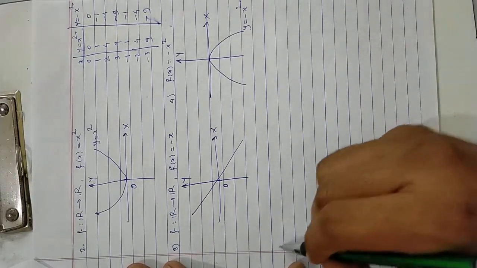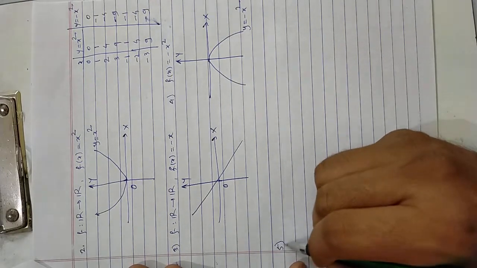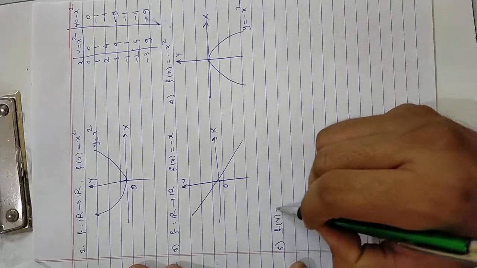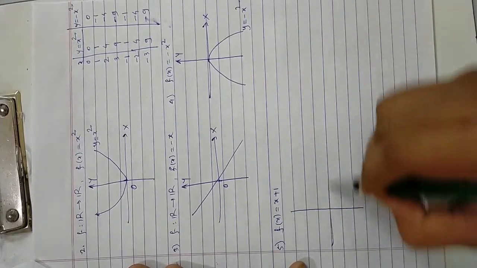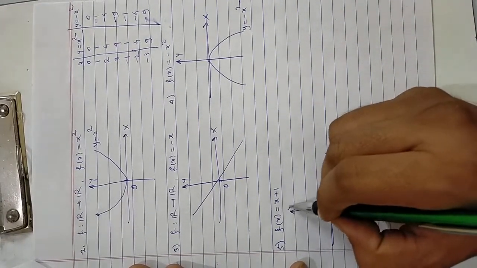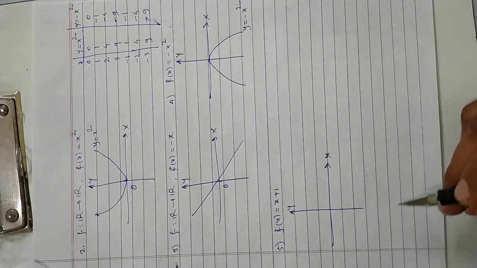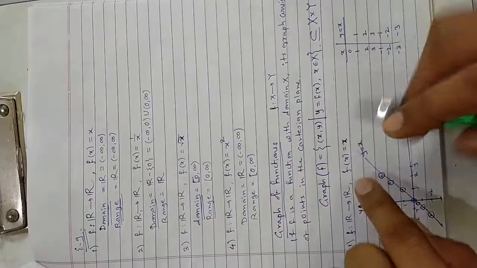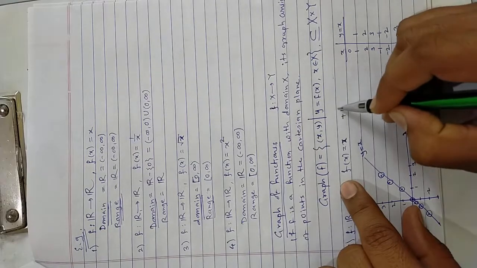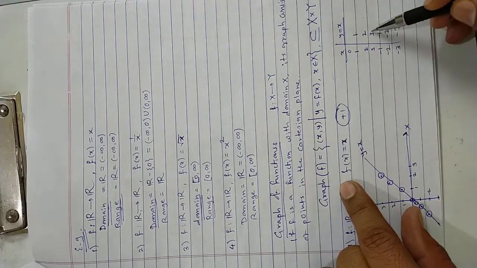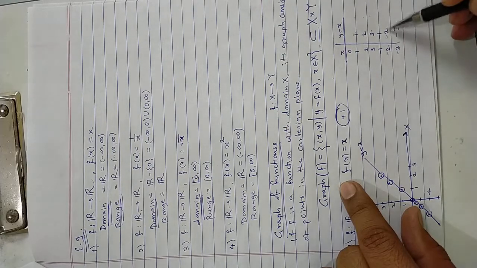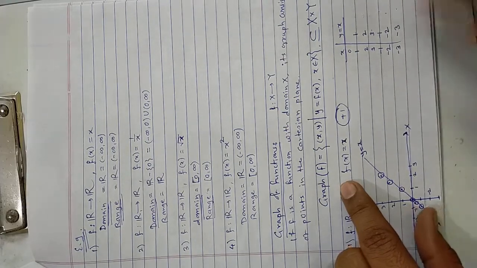Right? Next example, if I want a graph of x plus 1, what will happen? This is x-axis, this is y-axis. So in the graph of y equal to x, plus 1 will be added everywhere, right? So 1 becomes 2, 2 becomes 3, 3 becomes 4, minus 1 becomes 0, minus 2 becomes minus 1, minus 3 becomes minus 2.